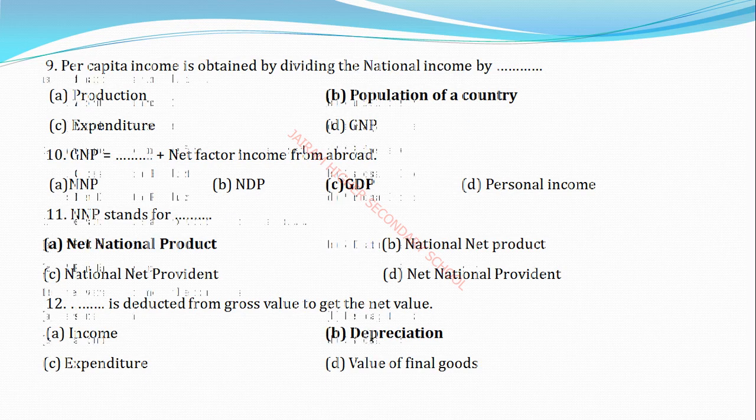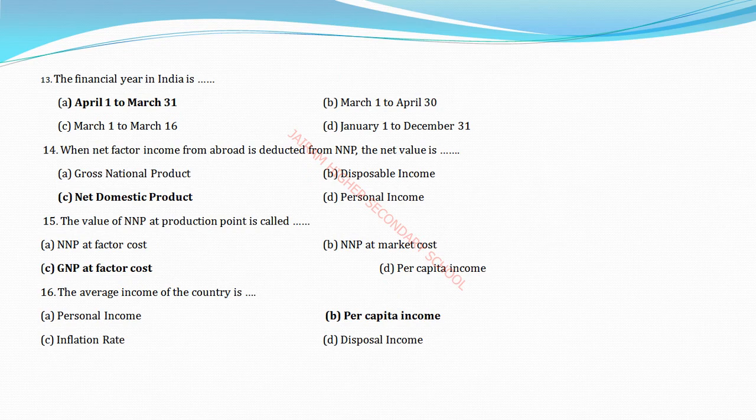Okay. 13th question: the financial year in India is April 1 to March 31. When net factor income from abroad is deducted from NNP, the net value is net domestic product, NDP.